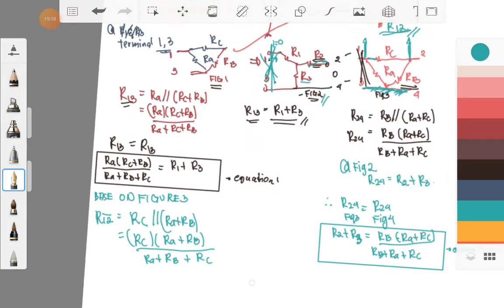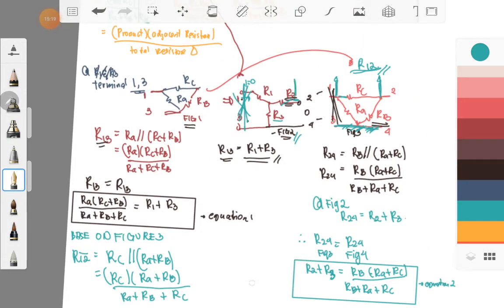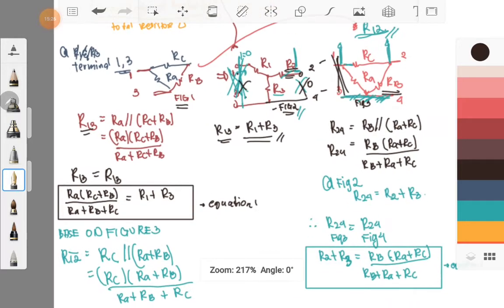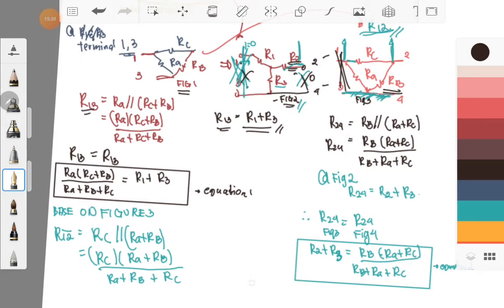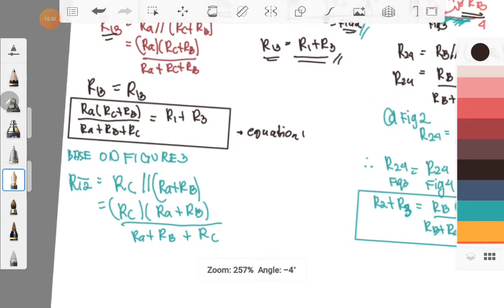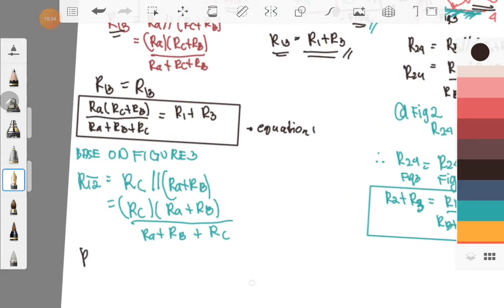Okay, basing this R12 at figure 2, mag-open din to, open din yan. So I may say that my R12 is just equal to, since open tong dalawang to, nakahang lang siya, wala siyang connection. Therefore, my R12 based on figure 2 is R1 plus R2, right?